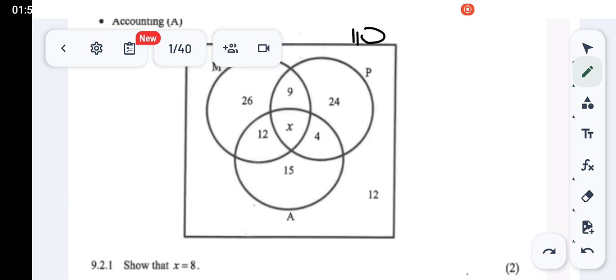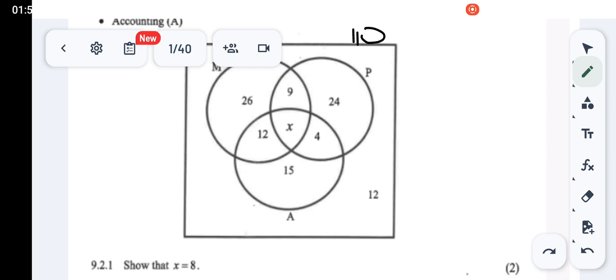What is X? X is the number of learners that are in the 3 subjects: math, physics, and accounting. As you can see there, X is the total number of learners that are doing mathematics, physical sciences, and accounting. They are doing all 3 subjects.